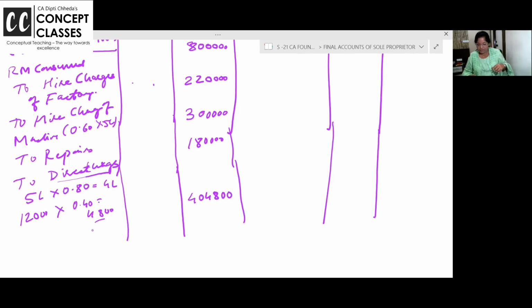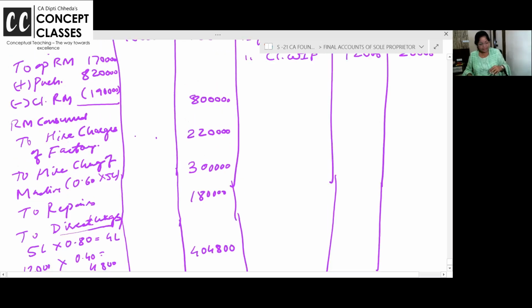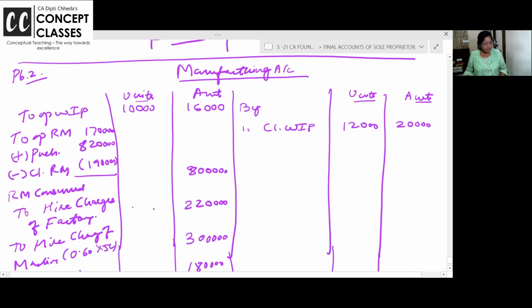Four lakh 4,800. That is the direct wages. Anything else left? Closing work in progress. You know what? There is no sale of scrap in this problem. So leave it. If it is not there, leave it. Closing work in progress is there.